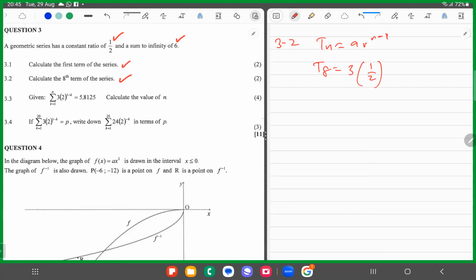The constant ratio is 1/2, and it is raised to 8 minus 1. So T8 is 3 into 1/2 to the 7th power. We use a calculator to do the rest, which means T8 is exactly 3 over 128. That's the answer.